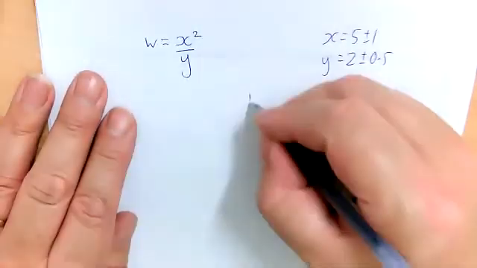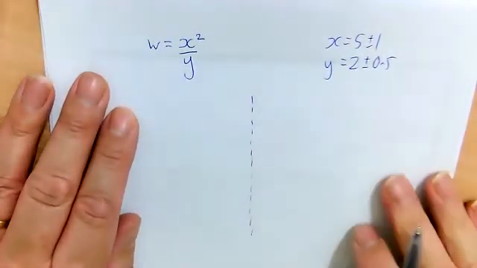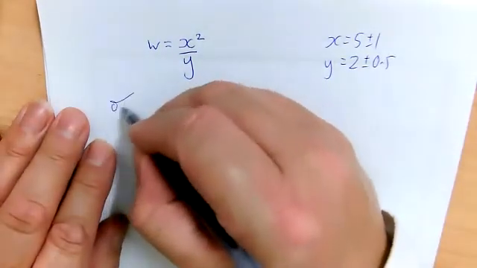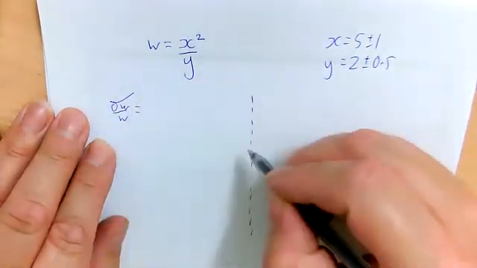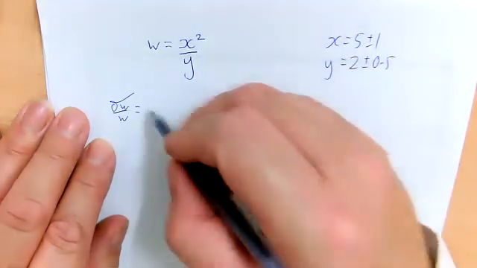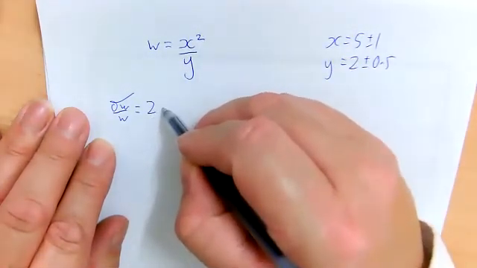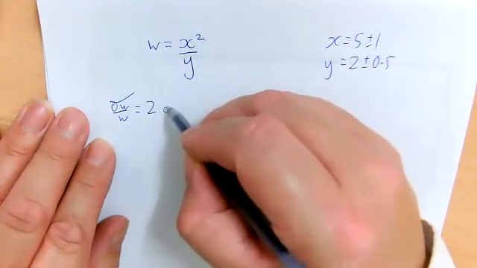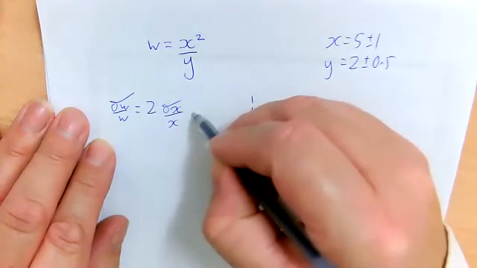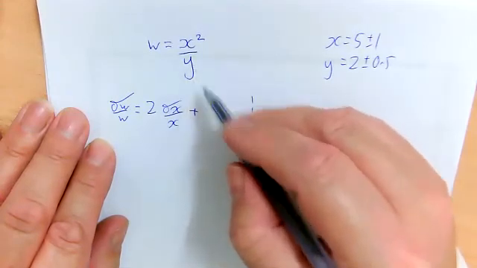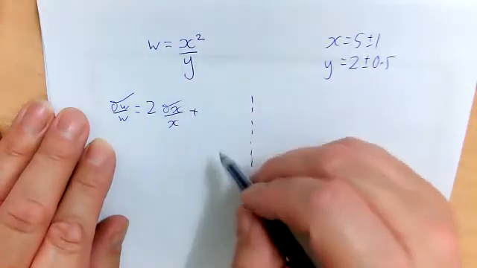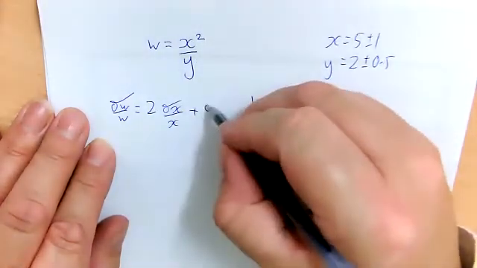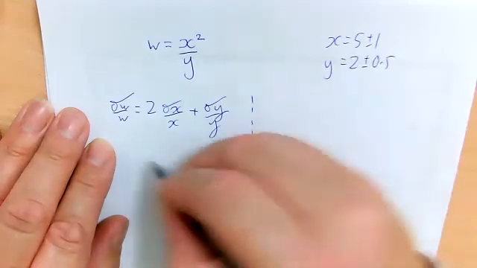Again, we could use the traditional algebraic way of working out the percentage uncertainties. The percentage uncertainty in W is 2 times the uncertainty in X over X, plus, because we're still adding even though we're dividing the factors, the percentage uncertainty in Y over Y.